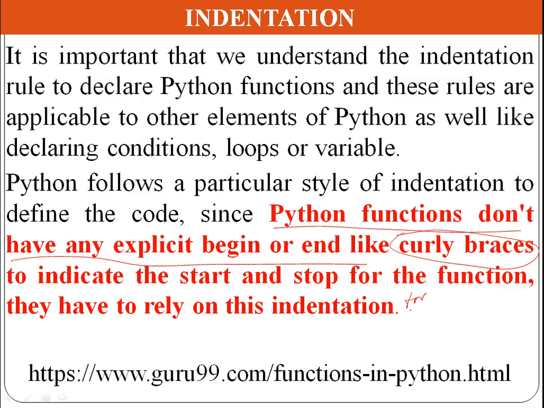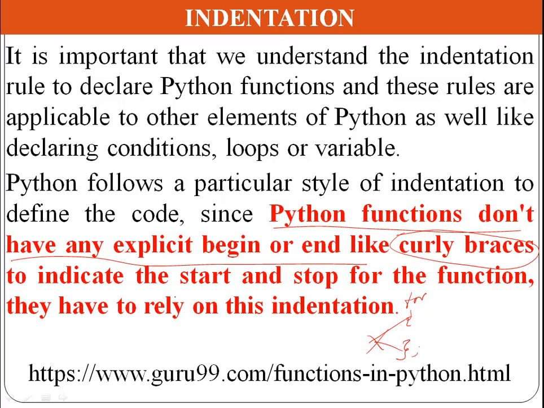So how will the Python interpreter know which statements are part of the function body? That is the indentation. If they are at the same level of indentation, it means they are part of the function body. To indicate the start and stop of the function, Python relies on indentation to find which statements are part of the function body.